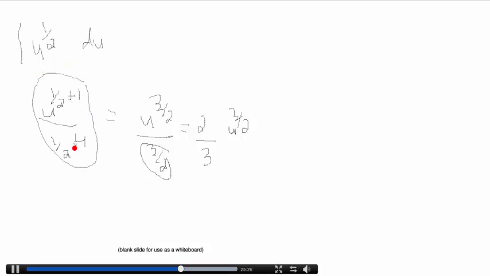It's u plus 1 upon the result, which is half plus 1. So u to the power 3 upon 2 divided by 3 upon 2 is equal to this, and so 3 upon 2 is divided by this, so it can be written as 2 upon 3 because it's 1 upon 3 upon 2, so you can rearrange that to 2 upon 3.